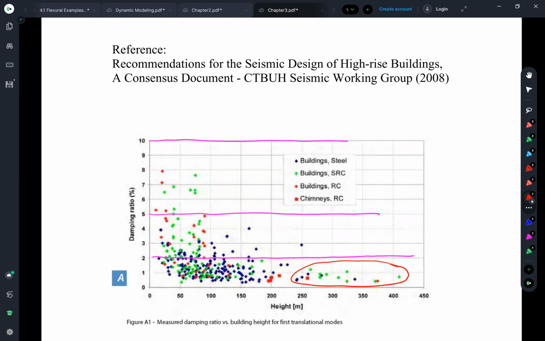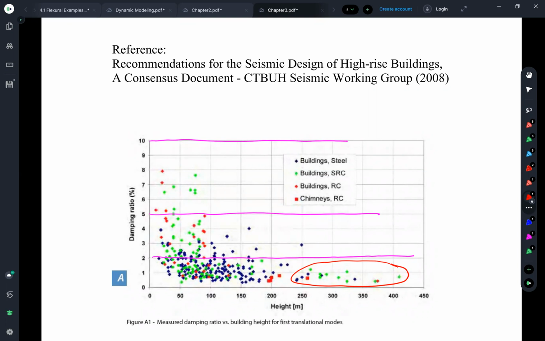But for the earthquake, you can expect something like 5%. The reason for the difference, even though my building is the same, right? The same building, but if I design for the wind, I say only a 2% damping ratio. But when I design for the earthquake, I change to a 5% damping ratio.